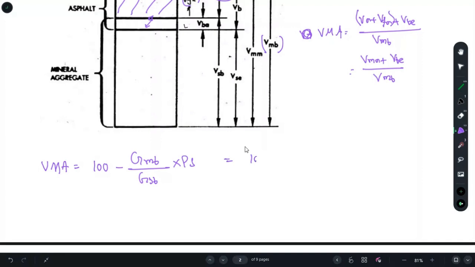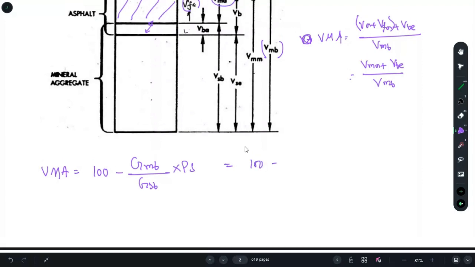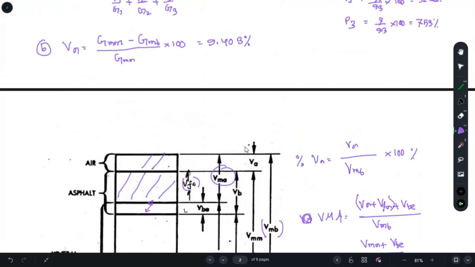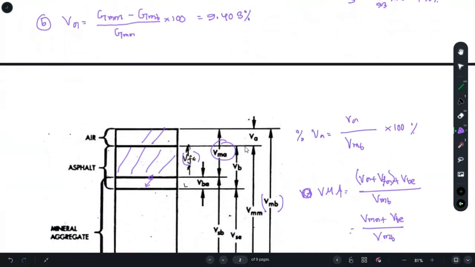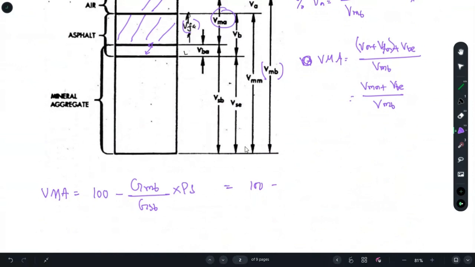So here 100 is 100, and we have a GMB value of 2.245, and you have a GSB value of 3.07, and that will be multiplied by PS.